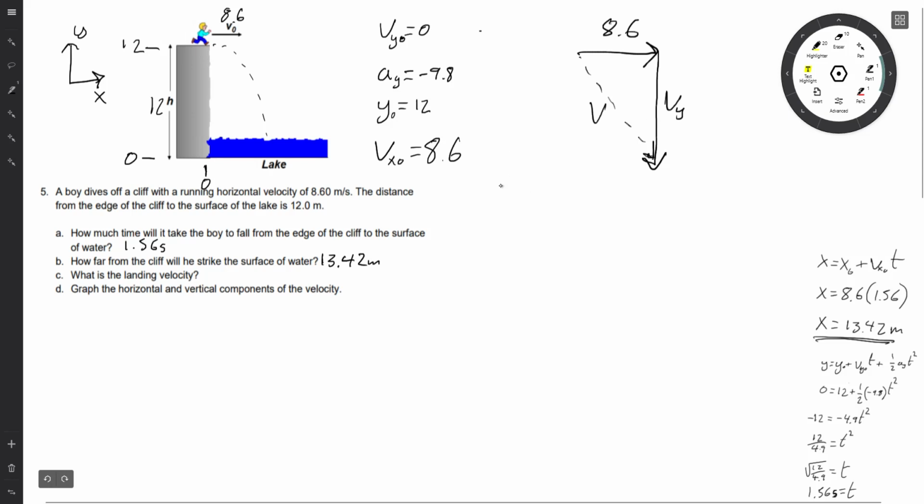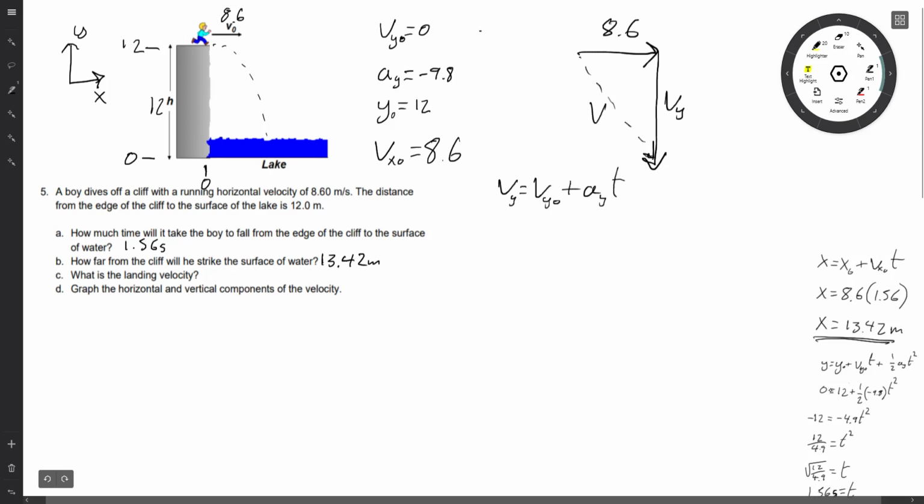Now we've got two equations that we could use. We can use V equals V0, or Vy, I'll put the components in there, Vy equals Vy0 plus Ay times time, so the acceleration in the y direction times time plus your initial velocity would give you your final velocity, and we know time now. We calculated it. It's 1.56.